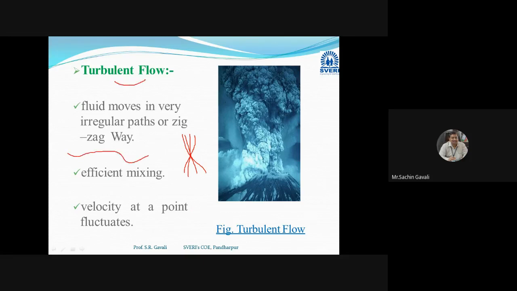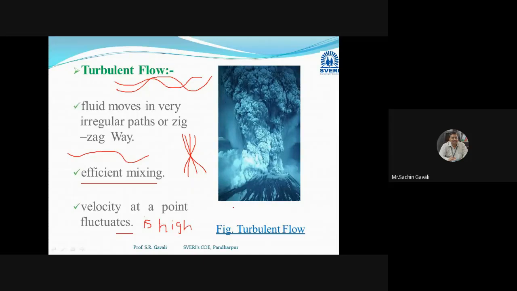So instead of moving straight, if one layer is mixed with another, it is zigzag flow. These types of flows are called turbulent flow, in which the fluid particles mix with each other. Layers are mixed with each other, so there is efficient mixing. Velocity at a point may fluctuate and is very high.